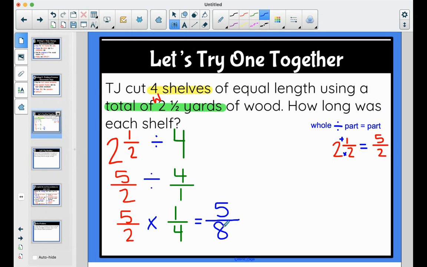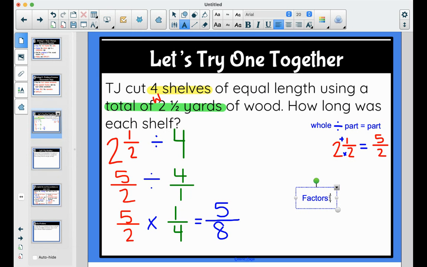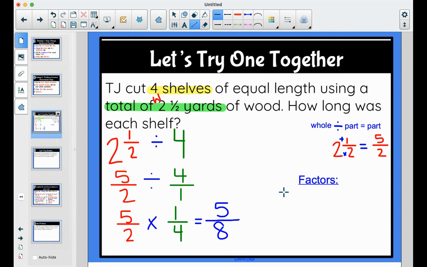My last step is always going to be either converting to a mixed number or simplifying. So in this case, it's not an improper fraction, so I don't have to convert anything, but I do need to list out my factors to see if I can simplify this any further. So I'm going to list out my factors of 5 and 8. So I have to ask myself what numbers multiply to get us to 5 and what numbers multiply to get us to 8.